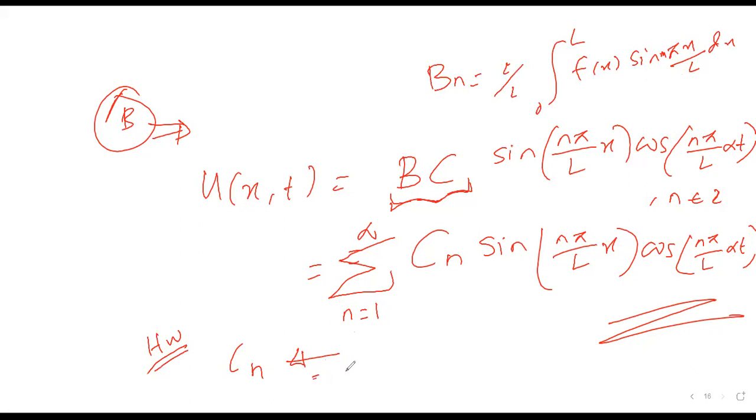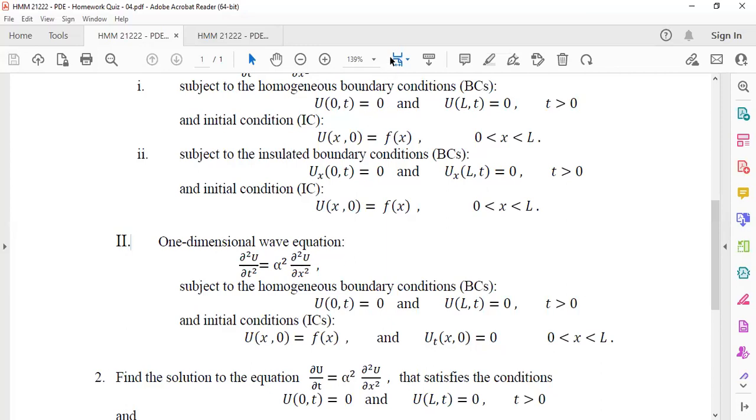I will find it now, and if I find it, I will send a picture of this. Anyway, this is what we need. In this question, I have solved it for the f(x) case. So this will be the final answer.